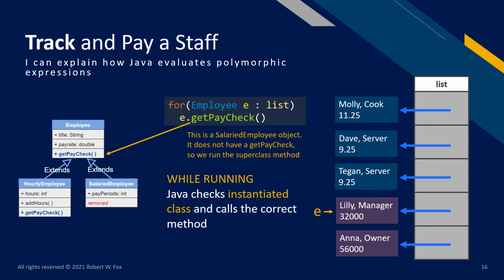So it works, right? If the method's overridden, it will call it. Otherwise, it will just call the one that it inherited. And by the way, this is why we have to have getPaycheck declared in the employee class, so that if we call a method on the actual object and it doesn't exist there, there's still one that is inherited that can be called and it doesn't throw an error.